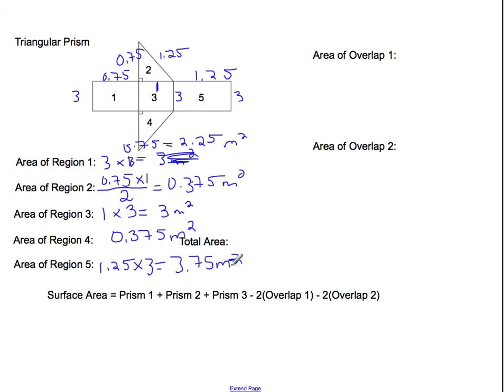So 2.25 plus 0.375 plus 3 plus 0.375 plus 3.75, and we get a total area of 9.75 meters squared.